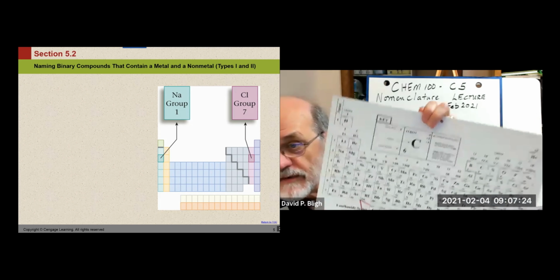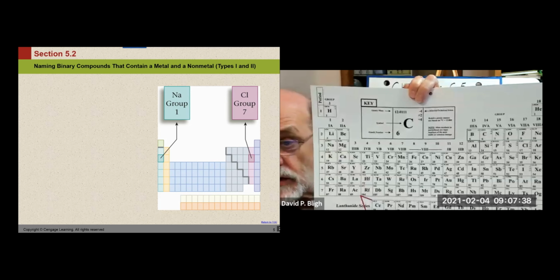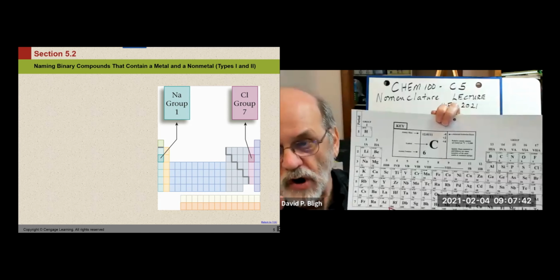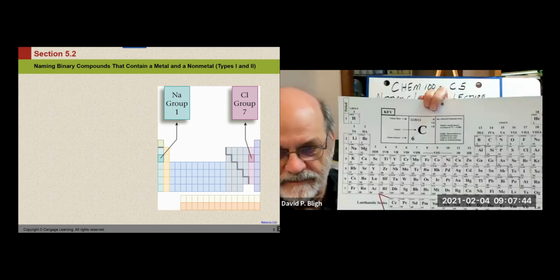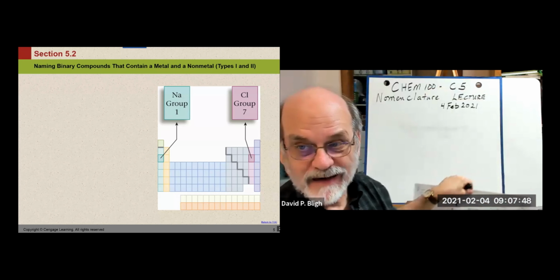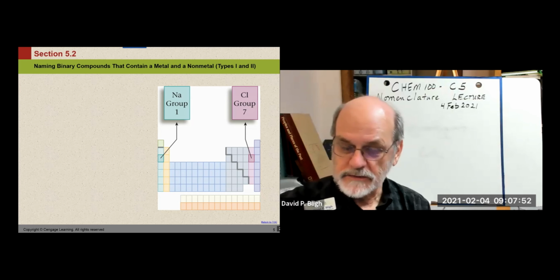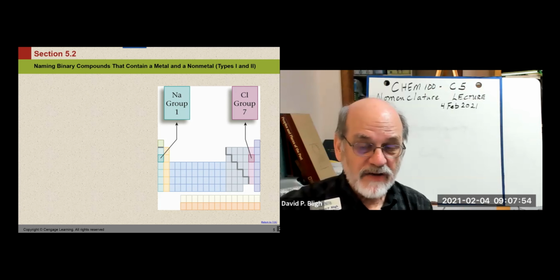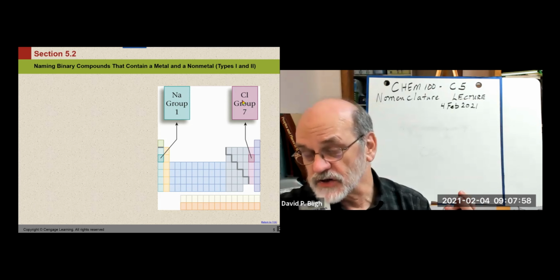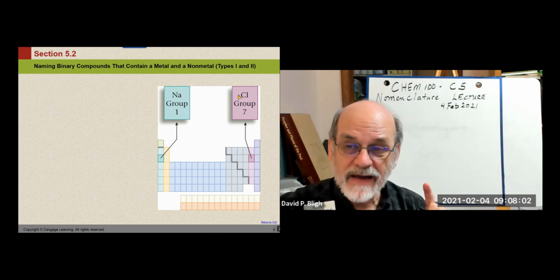And that's where we're focused now. Some of these groups only have one possible charge available to them. The group that sodium is in, the alkali metals, is one of those groups. It always has a +1 charge. Whereas the halogens, of which chlorine is a part, always have a -1 charge.